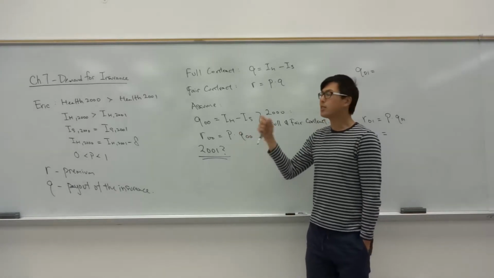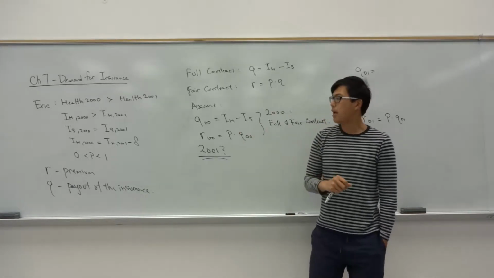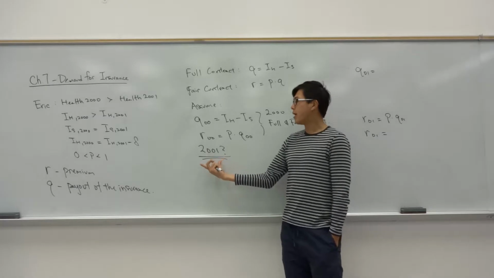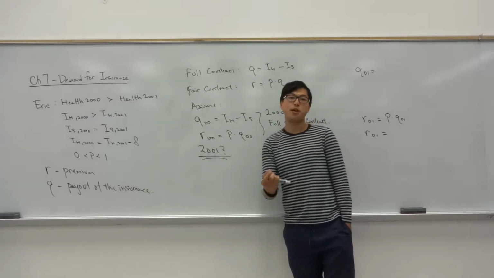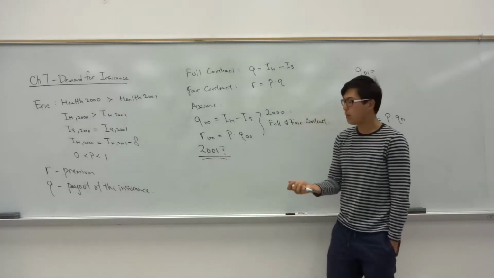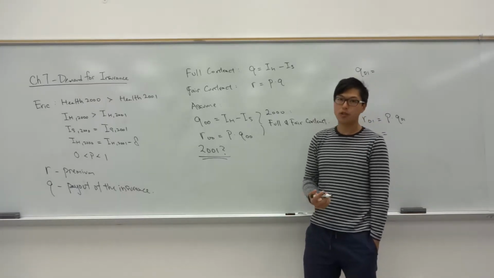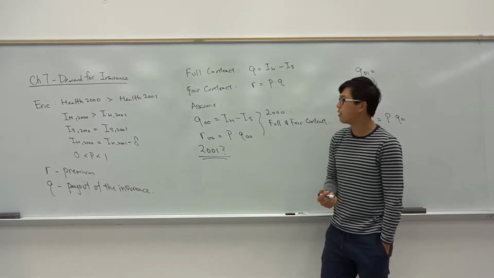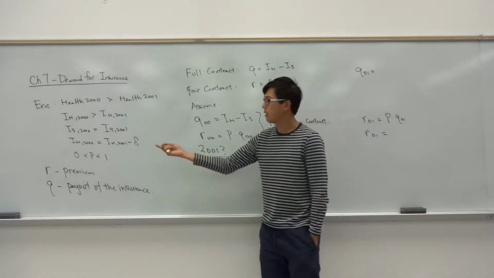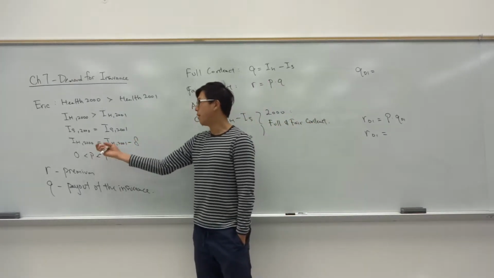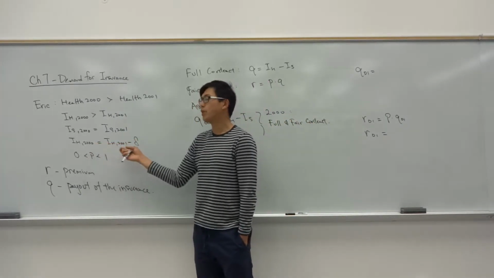Well then, if this applies to Eric, does Eric have a fair insurance or a full insurance contract in the year 2001, given that the healthy income changed from one year to another?